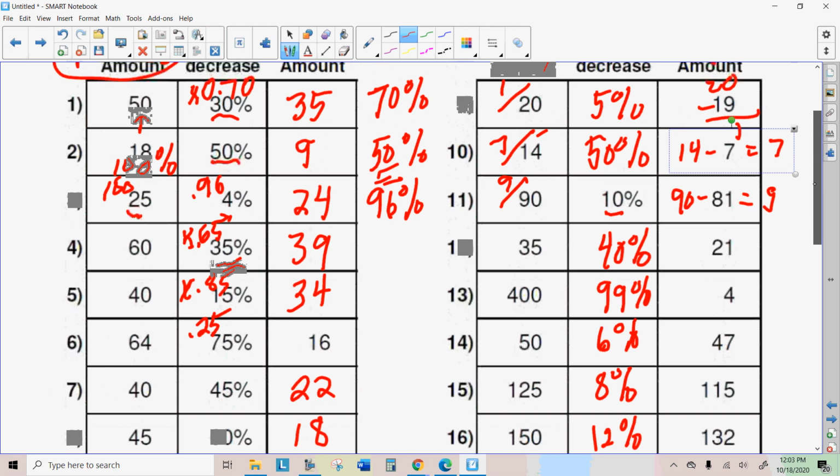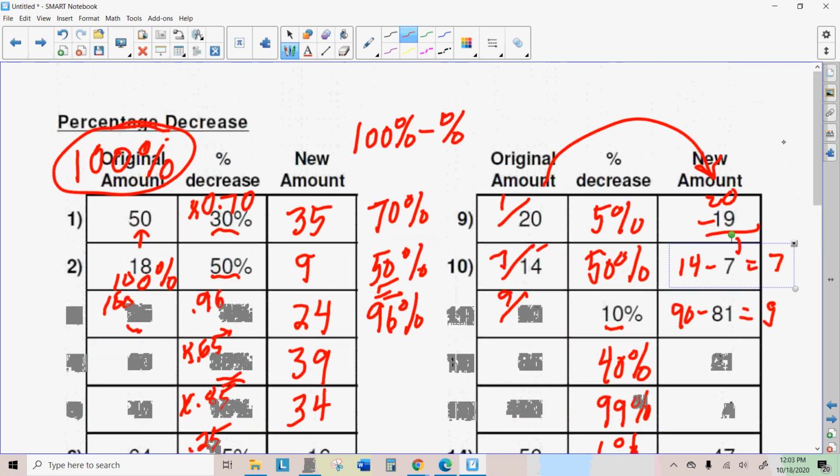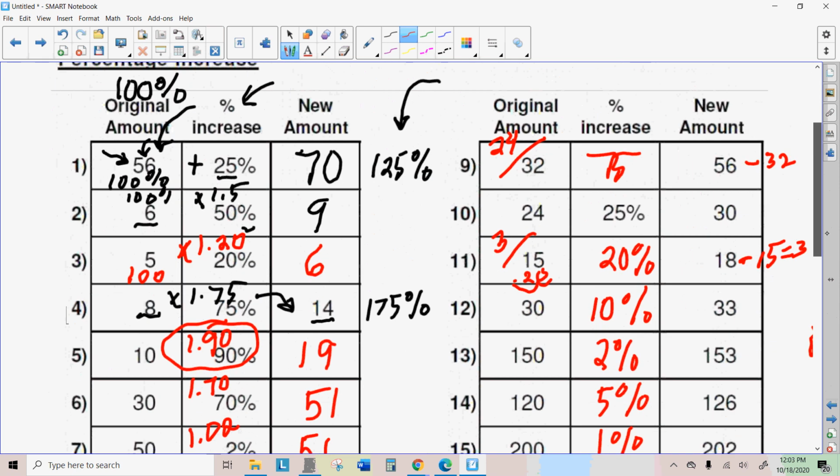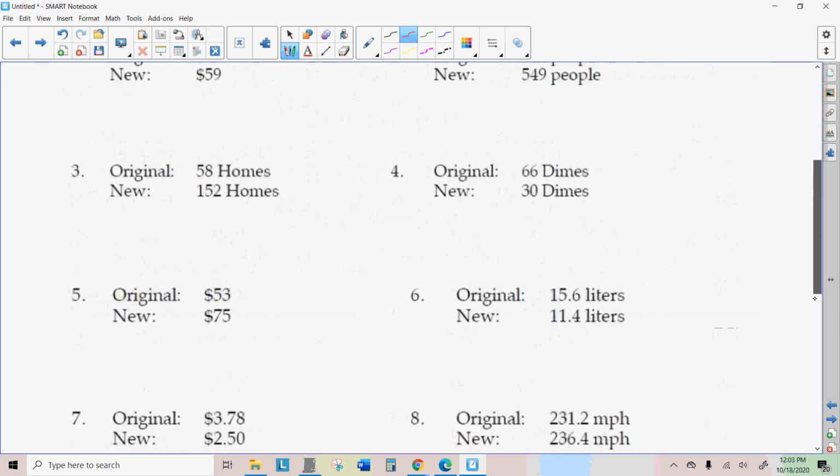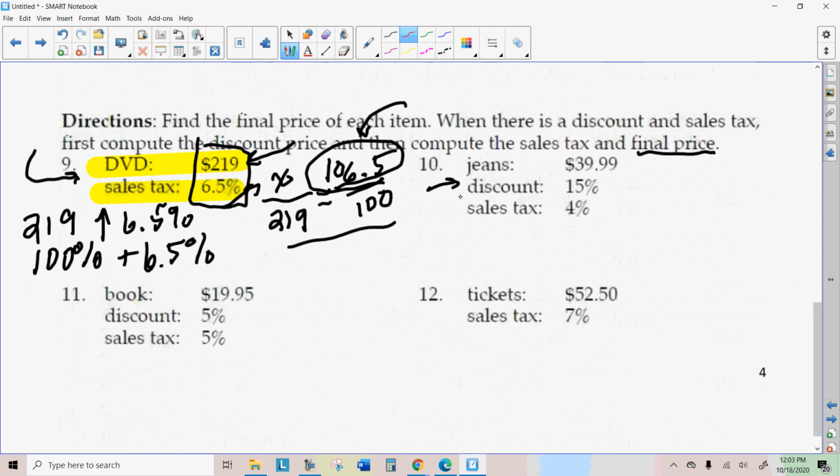All right, so let's go back and see how this information can help us on those original problems that we were looking at. Back 2 pages here. What if I want to do a discount of $39.99, and then I want to add 4% sales tax? So this is a decrease here. So I want to minus 15, and then I want to add 4%.